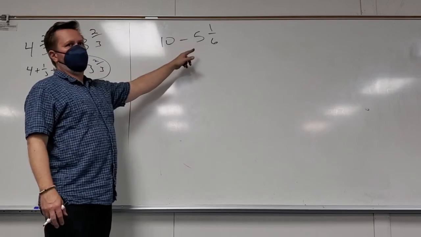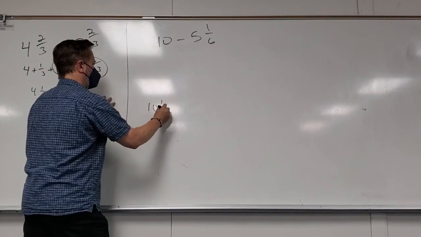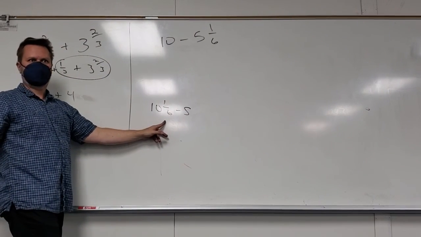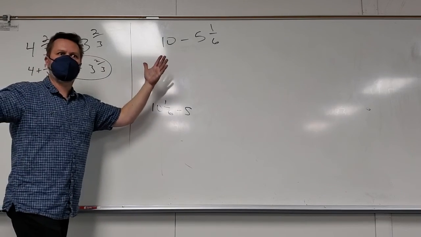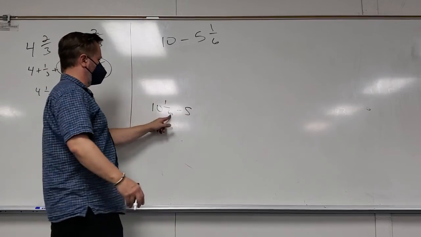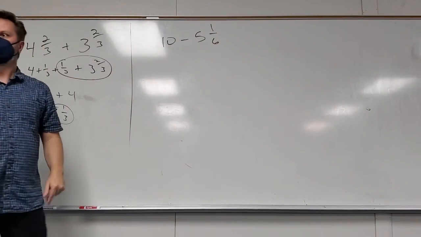What really sucks about this problem? Why would this problem be easier? 10 and 1/6 minus 5. Why is that an easier problem? What is the answer to this? 5 and 1/6, right? Because I'm not subtracting some fractional part. So I just really have to look at the whole numbers and put that guy on. So here, this is just like in the wrong place, right?